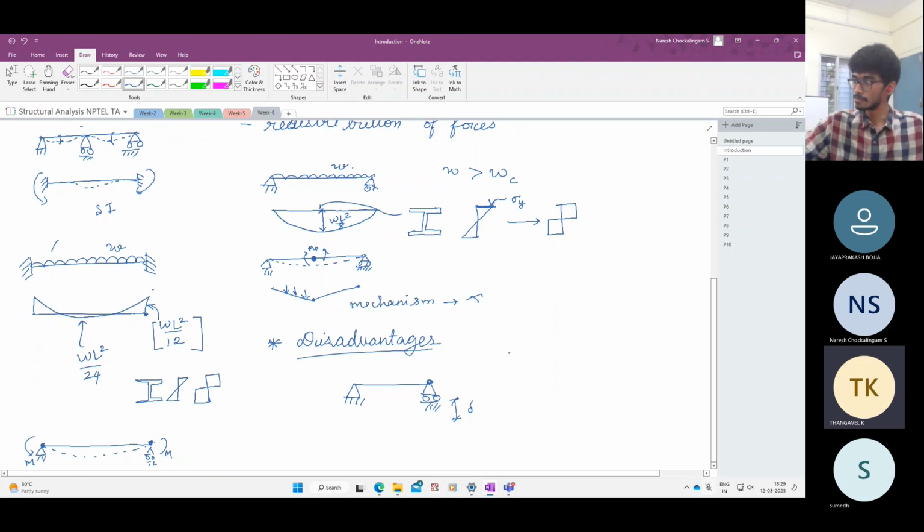So for example, in reality, suppose you have a bridge, you have piers like this, which have some foundation. And the bridge deck is most often simply supported. They'll put a small cushion or bearing, and then the bridge deck is simply supported on it.